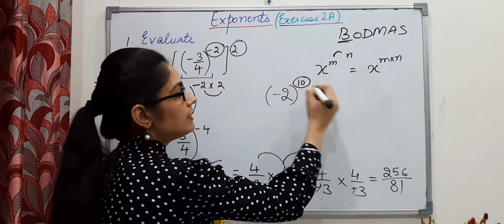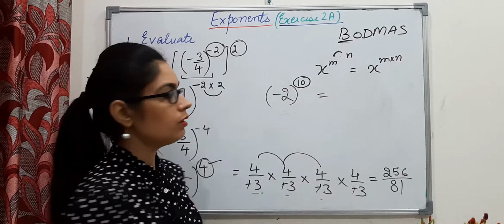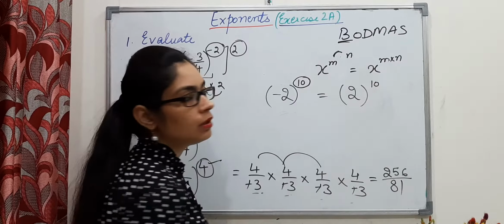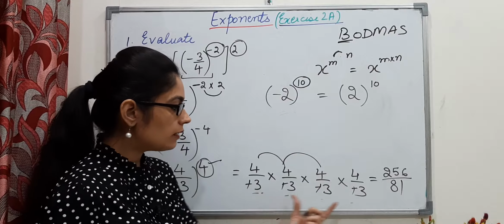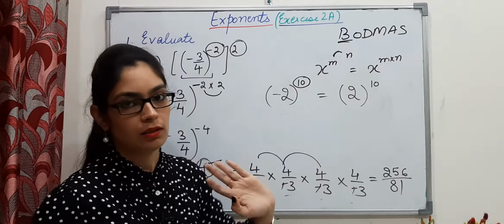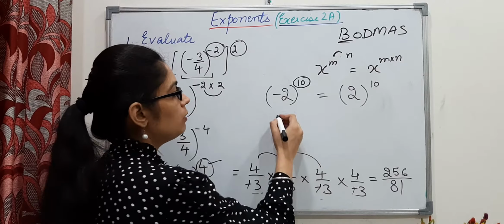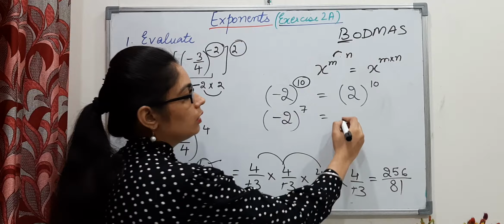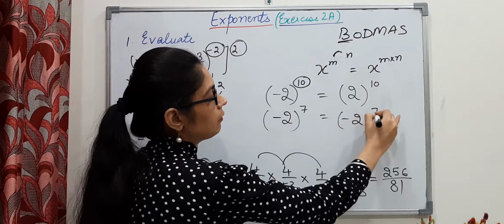If the power is an even number, this minus 2 you can write as plus 2, because when the minus signs are even in number, they will get cancelled with each other and you will get a positive number as your answer. But when the power is an odd number, the answer will be negative.